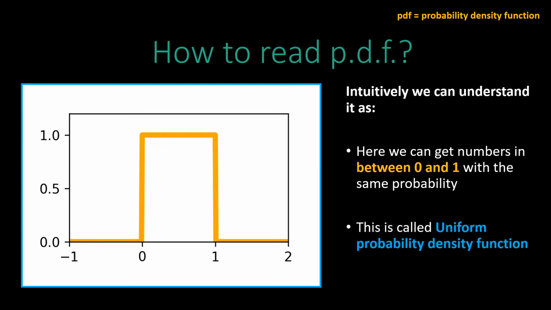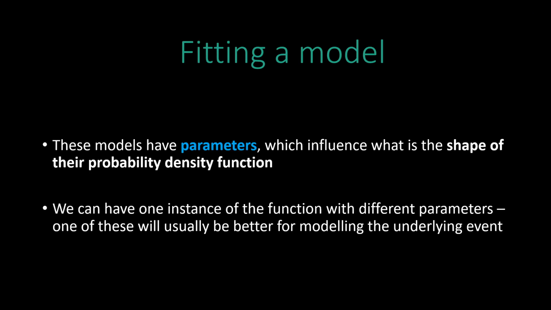We would not have enough models to model the whole world, right? So that's why these models tend to have some parameters. These models have parameters which influence the shape of their probability density function, which we will see on a slide in a visual way.